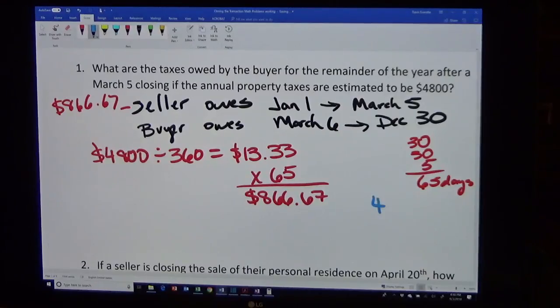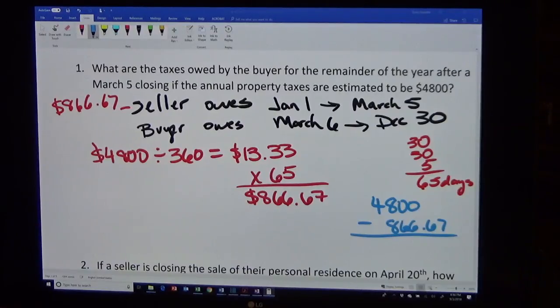Well, if you want to talk about the buyer's share, then that's just going to be the difference. It's going to be the $4,800 total minus $866.67, and that leaves $3,933.33 for the buyer.